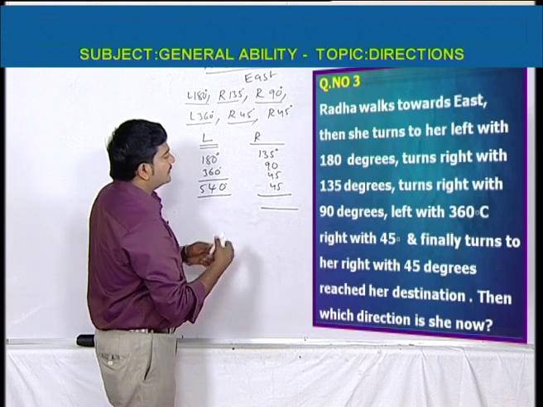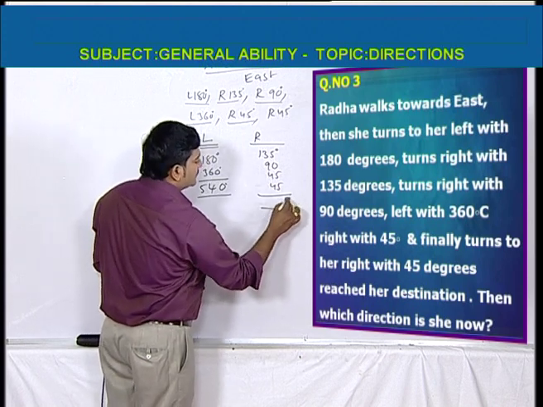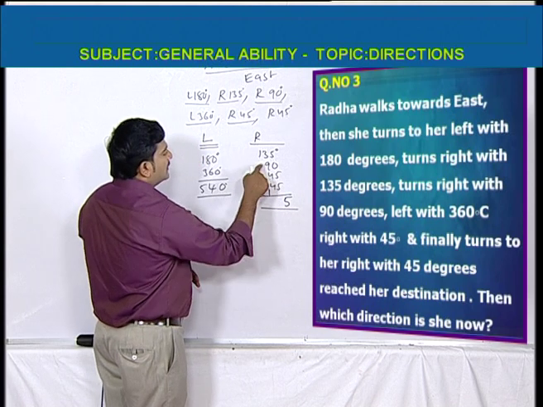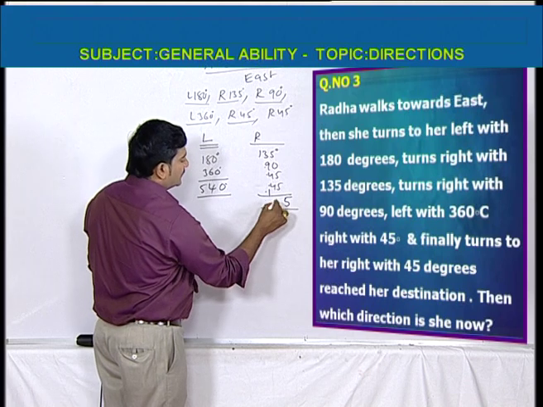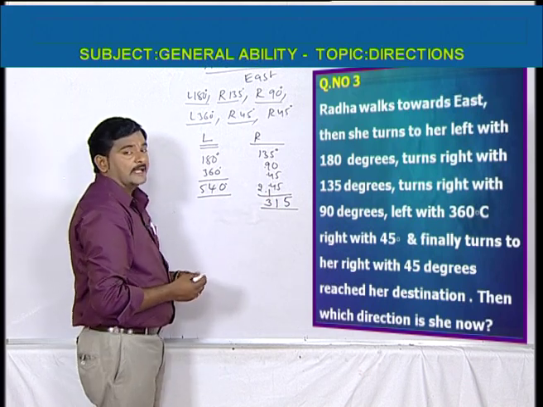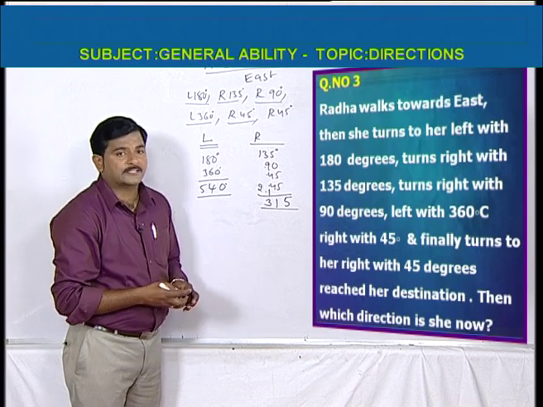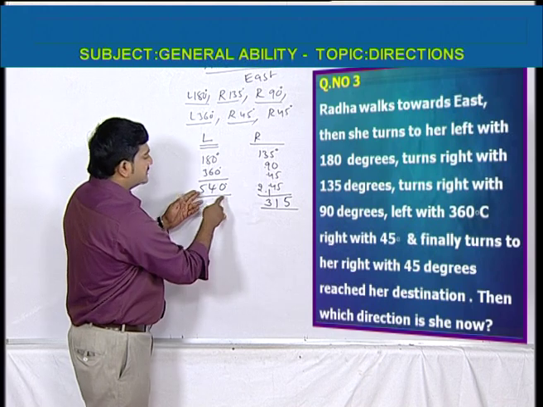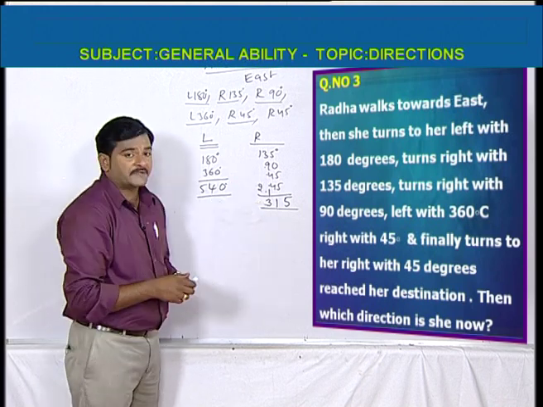Let's add all these angles. 5 plus 5 is 10, 10 plus 5 is 15, and so on. I am getting 315 degrees. Adding all left angles I am getting 540. Similarly, adding all right angles I am getting 315 degrees.